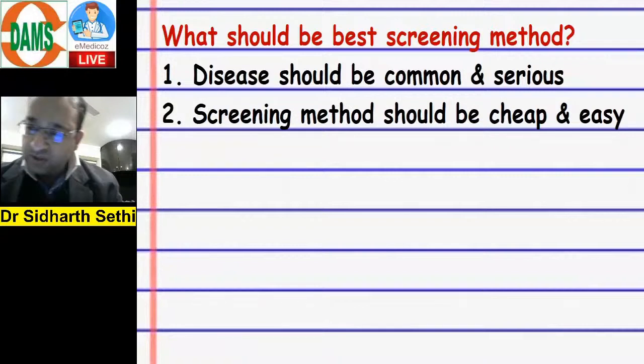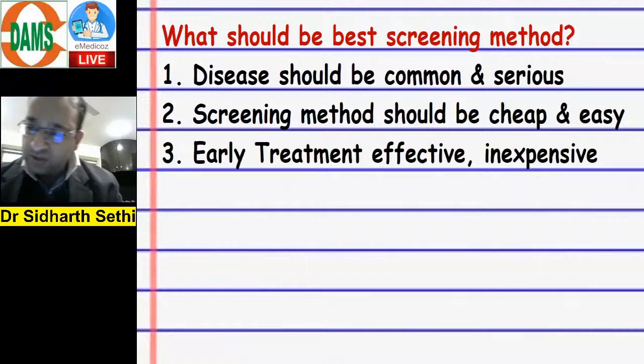We can do screening for a disease in which the screening method is cheap and easy. For example, pap smear is simple. Similarly for genetics, you should be able to diagnose it early by an easy, cheap test.